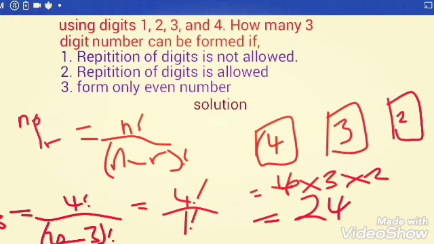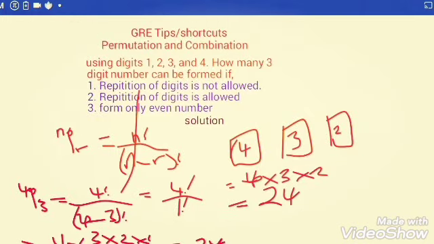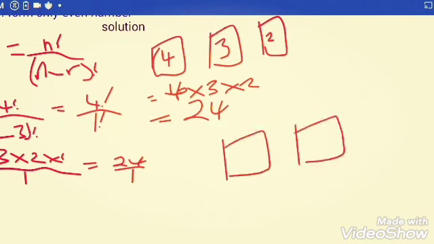Alright, the next one says repetition is allowed. When repetition is allowed, with questions like this, you cannot use the formula; we use the analysis method. We want to form 3-digit numbers, and repetition is allowed, so I have 4 numbers to choose from.